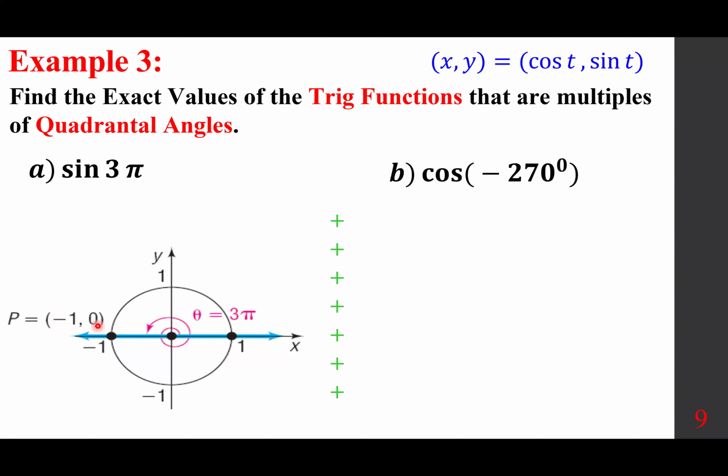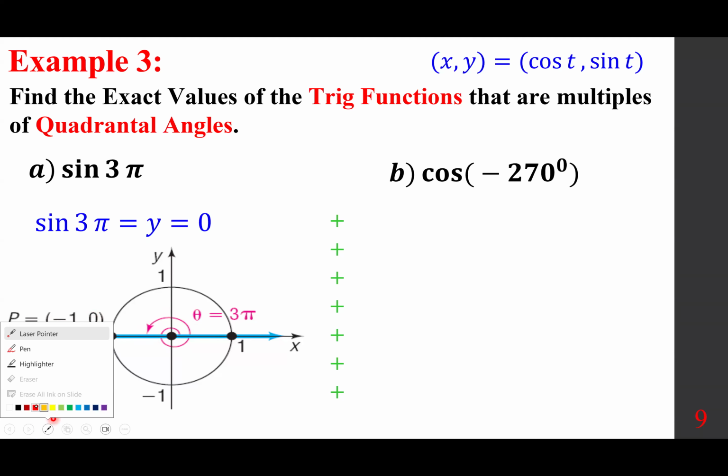You know the coordinates are negative 1, 0. Because the y coordinate is the sine, sine of 3 pi must be 0. In fact, cosine must be negative.